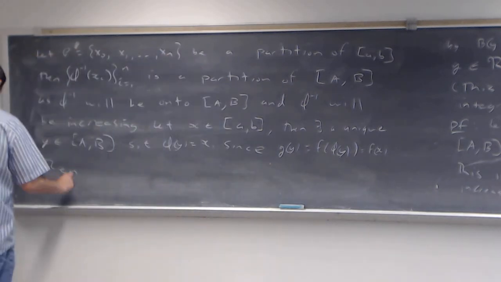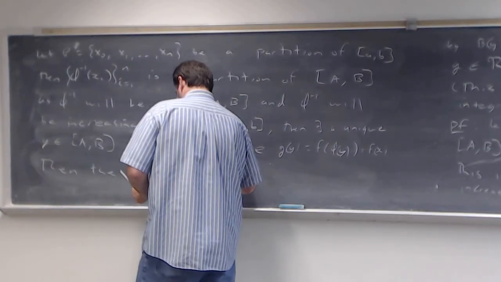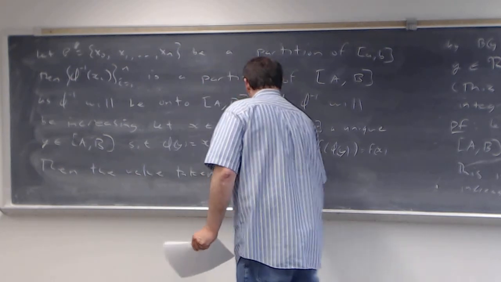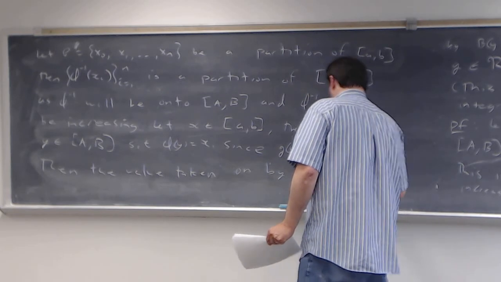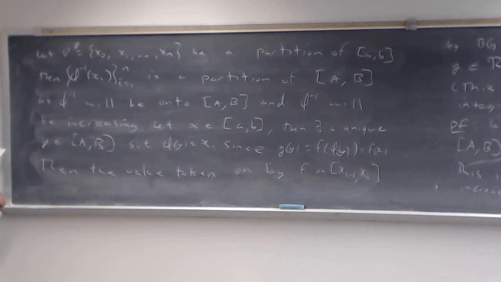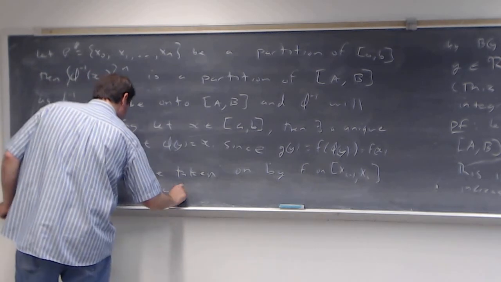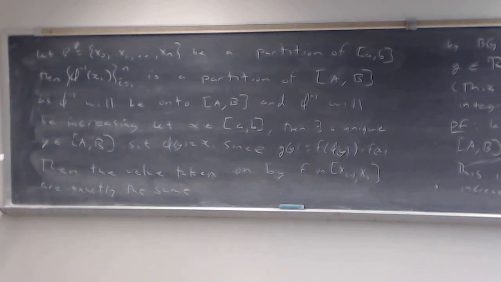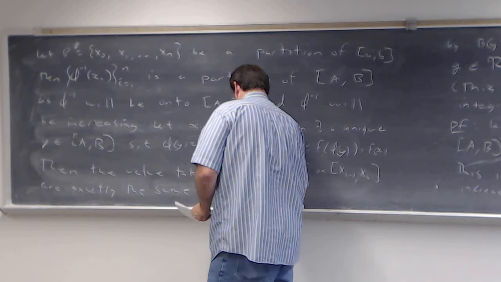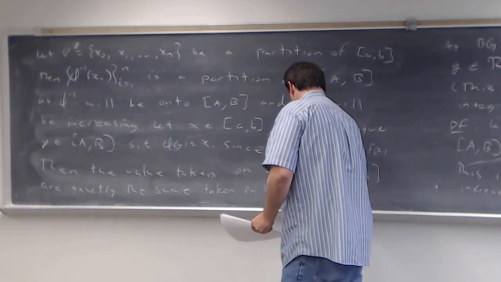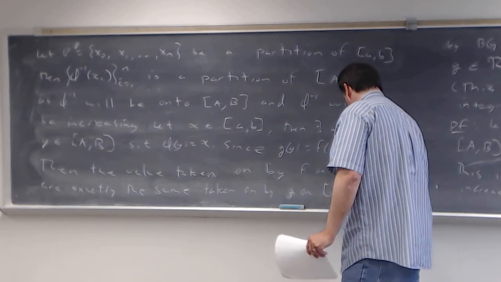That gives us the fact that the values taken on by f on the subintervals given by a partition, from x sub i minus 1 up to x sub i, are exactly the same as those taken on by the function g on the corresponding subintervals in the different partition, from y sub i minus 1 up to y sub i.